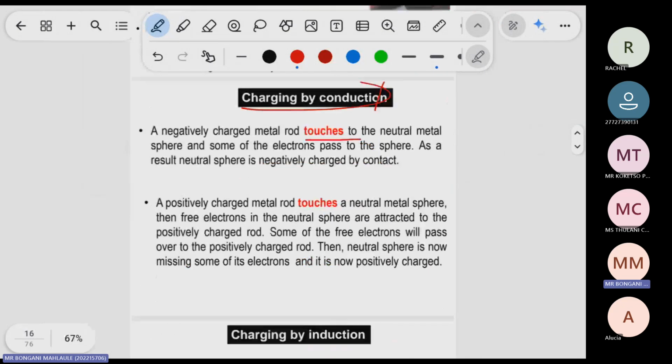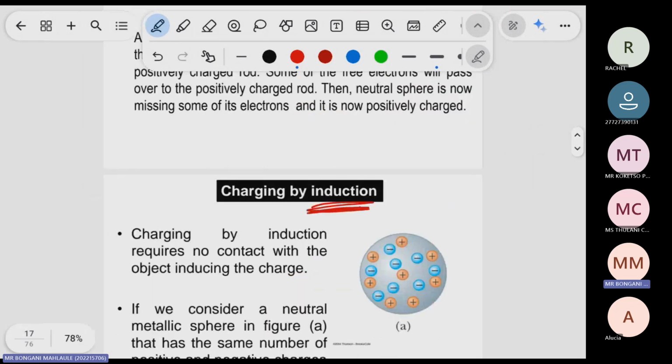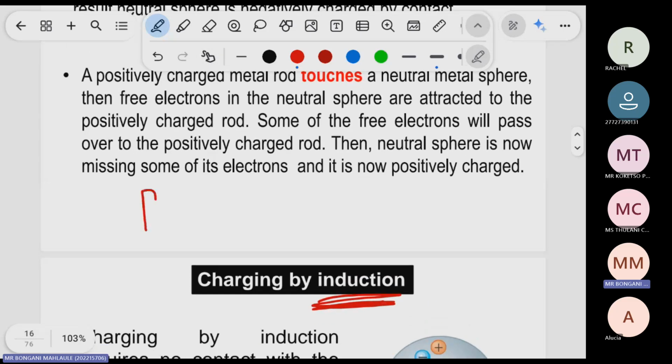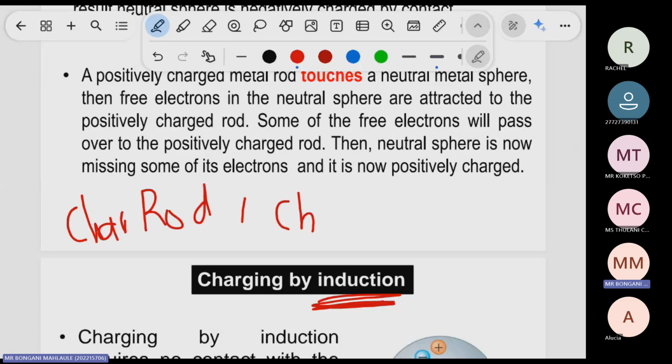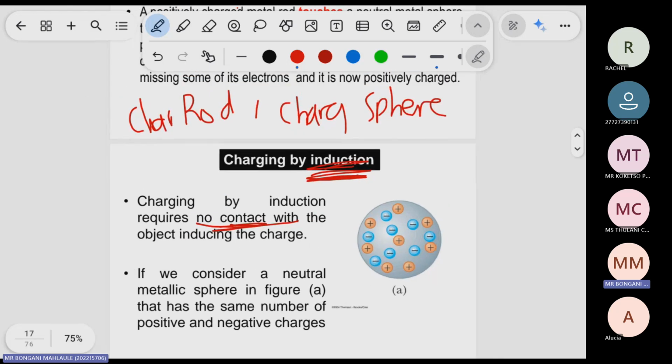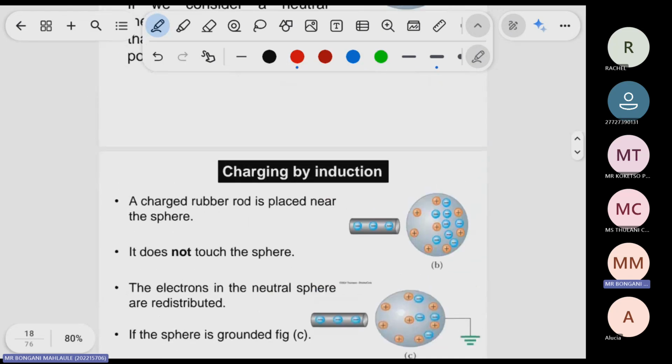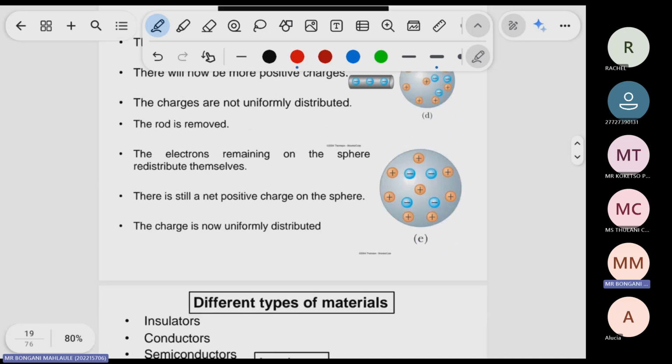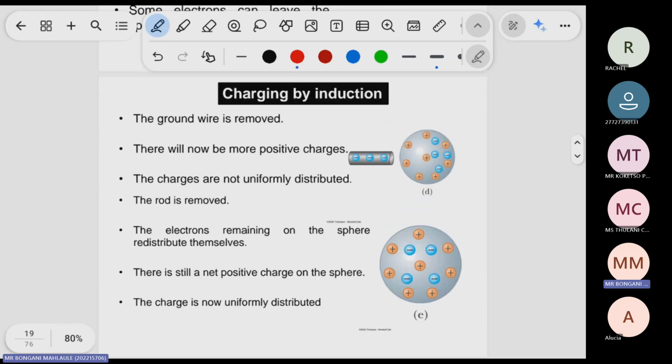Then by induction, there won't be contact between the rod and the sphere, because this is a scenario of having a charged rod and a sphere. So here there is no contact on induction. Okay, and with conduction there will be contact. I hope you already understand that.